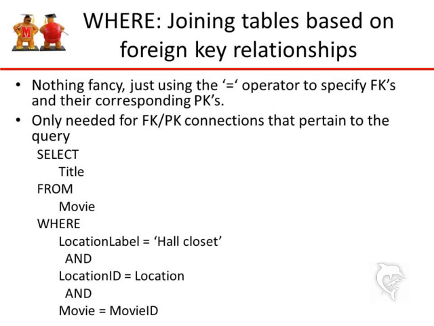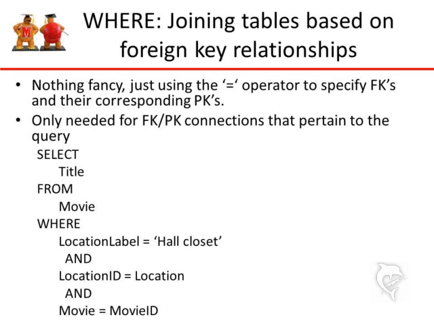In the beginning of the where clause, we said that we only want to see movies in the output table whose location label equals hall closet. But the database needs to make a few hops to get from the phrase hall closet to the title of a movie. The join statement tells the database where to hop to get that information.